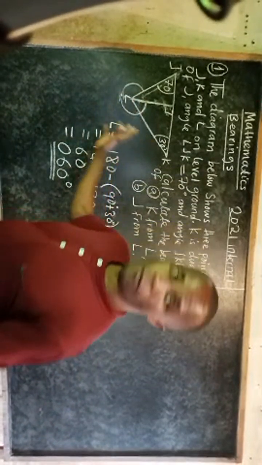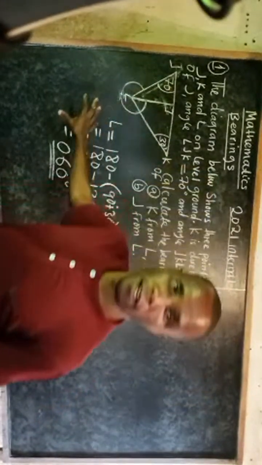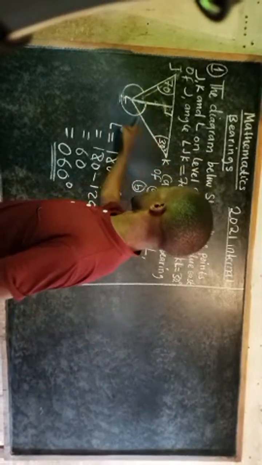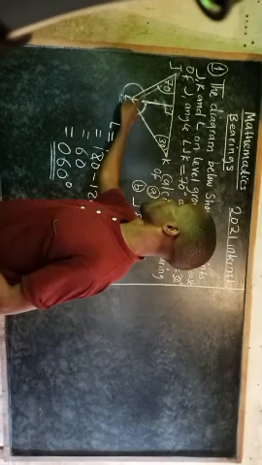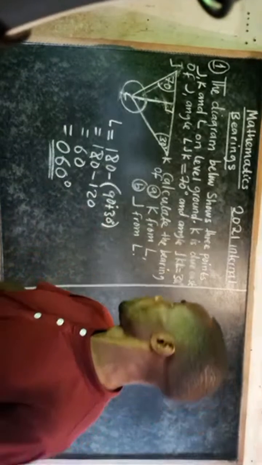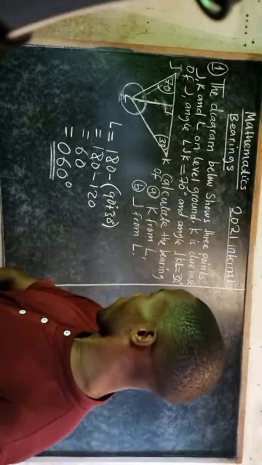This time around, we are going to consider the whole triangle, like the way it was in the first place. So this is 70, this is 30. Let us find this one, then we subtract, and subsequently subtract that same angle from 360, according to the properties of angles.